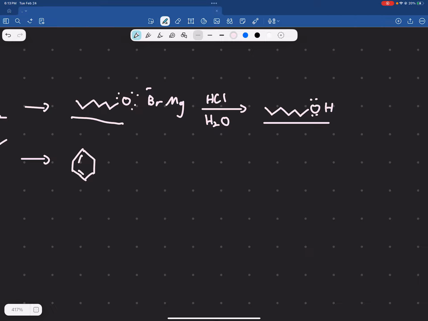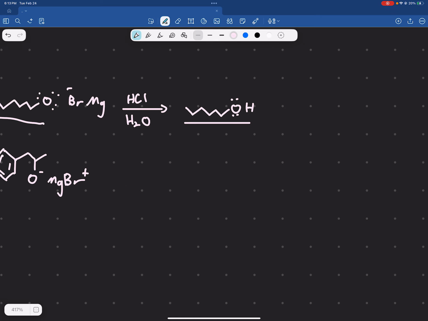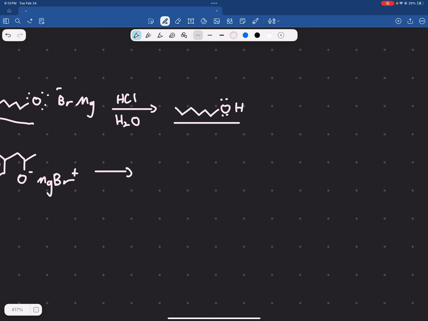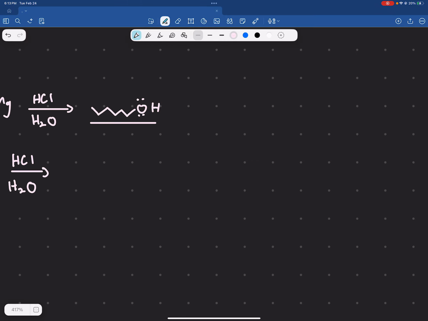Excuse my drawings, I'm still not very good at these. Just another thing I want to note is that there is no bond between these; they just stay near each other due to their attraction of charges. And if we were to quench this compound with acid, a proton source, it's going to form 1-phenyl-2-propanol, another alcohol.